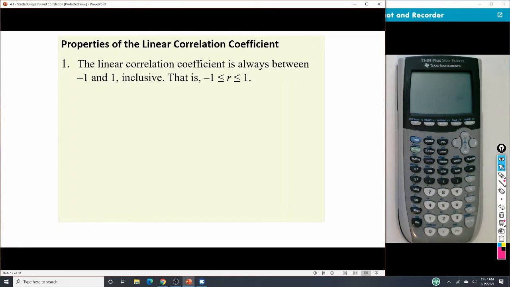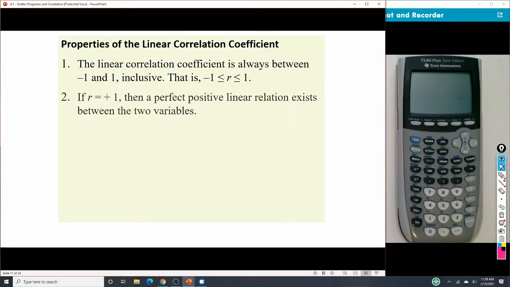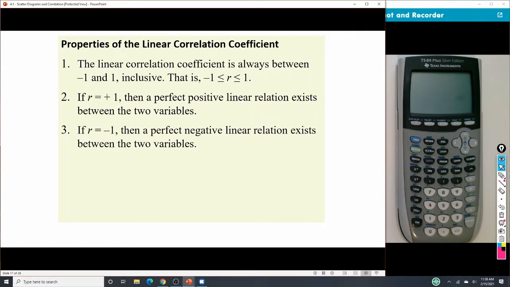Now a few things before we get into that. There are some properties that we want to pay attention to. The linear correlation coefficient is always between -1 and +1. Now a +1 means a perfectly straight positive line. All of our dots are lined up. We could put a ruler on them. They would make a line, and it would be positive. -1 is a straight line as well.